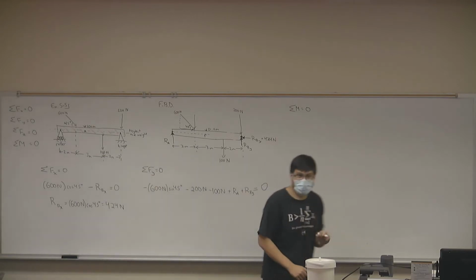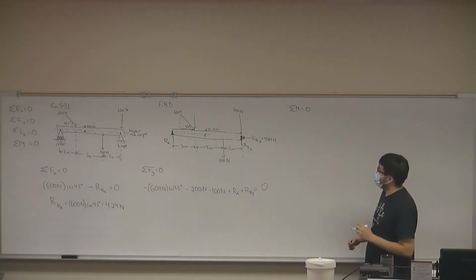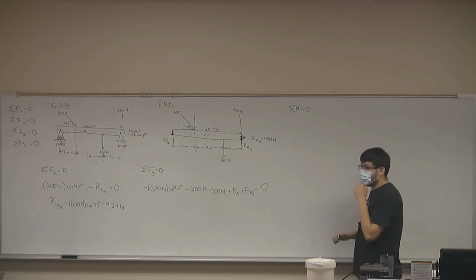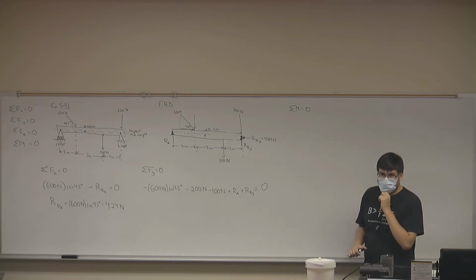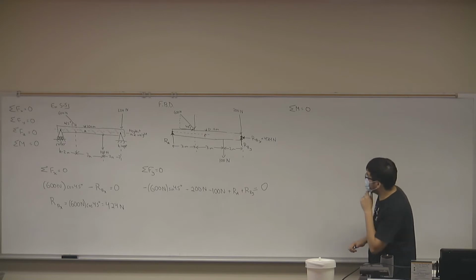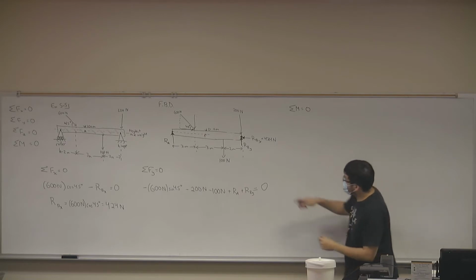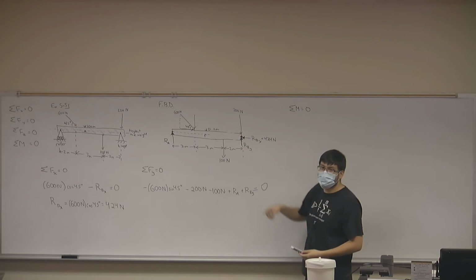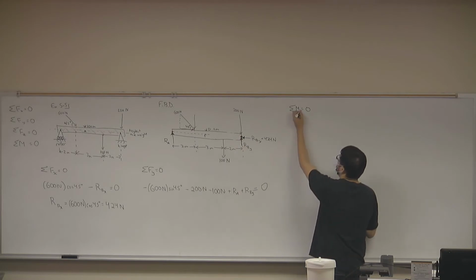So, let's go ahead and find our moments. Sum of moments equals 0. Lorenzo, why don't you start? We're looking at moments about this point. We could do 100 times 2 meters.